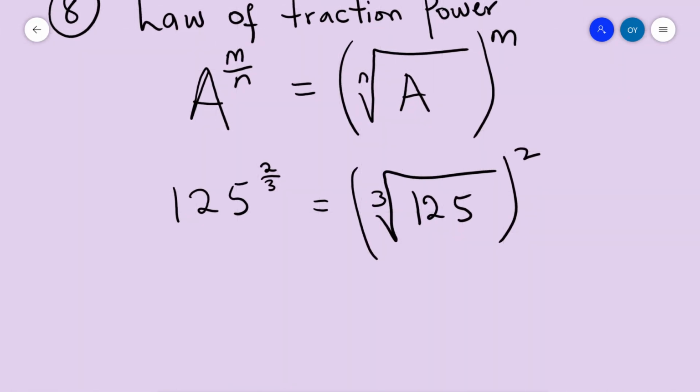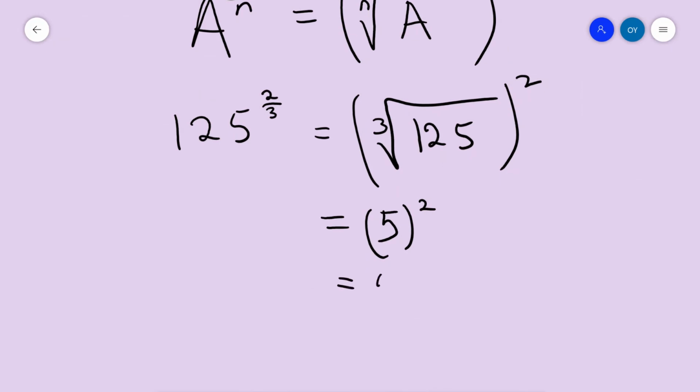The cube root of 125 is 5, because 5 times 5 is 25, and 25 times 5 is 125. So the cube root of 125 is 5, then squared. So 5 squared means 5 times 5, and that is 25.